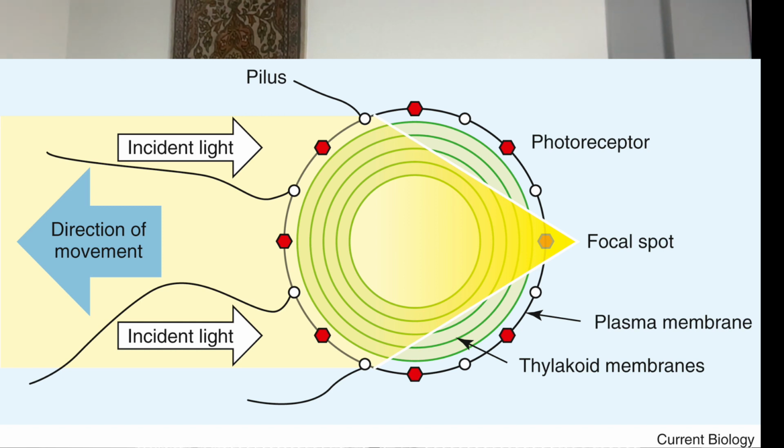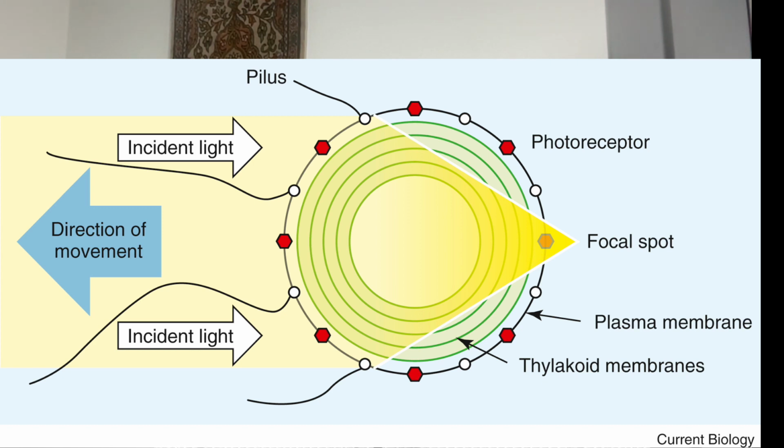It's round, and because it's round and has a curved surface, it focuses light that's coming, in this case, from one side and the left, and it focuses it onto the other side. Now, notice that there are these photoreceptors, that is something that receives and registers light, studded throughout the membrane all around this bacteria.